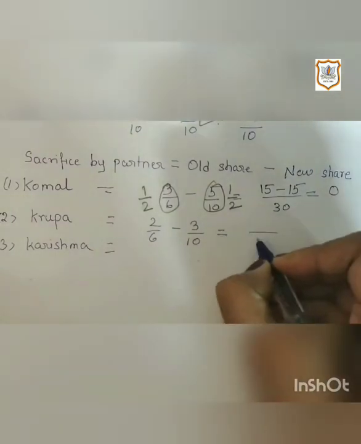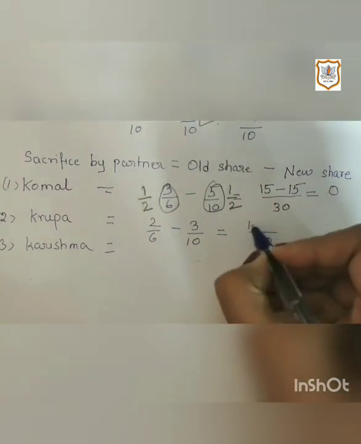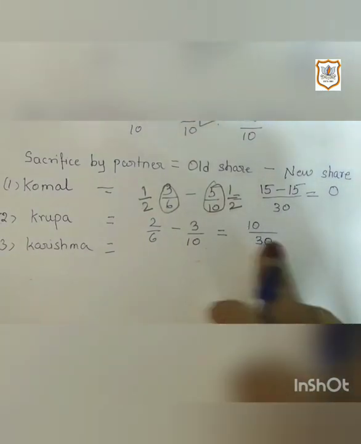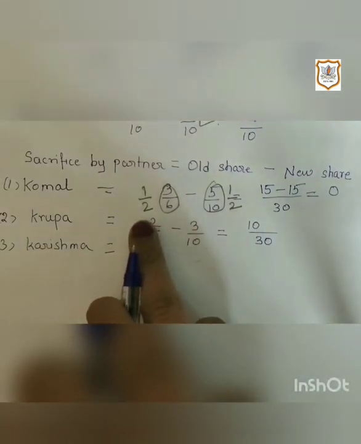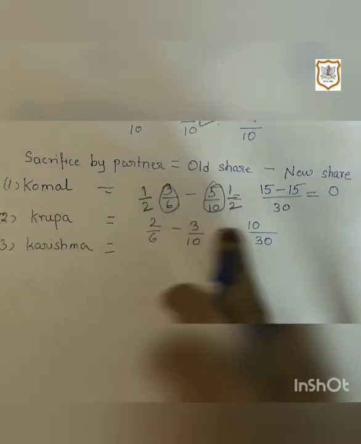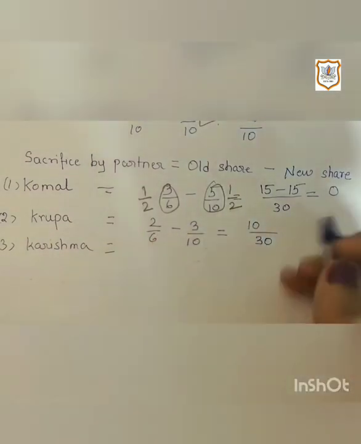We take the LCM of 6 and 10, we will get 30. So in the numerator, 30 divided by 6 is 5, so numerator 2 will also be multiplied by 5. So we will get 2 multiplied by 5 equals 10.